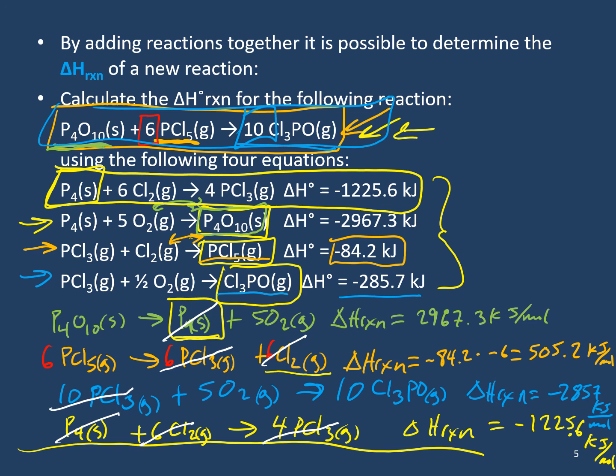So we have 10 PCl3s on the product side and 10 on the reactant side. They cancel out. These 5O2s cancel with these 5O2s. And what we're left with, if we look, is just going to be this 10Cl3PO, the P4O10, and the 6PCl5.